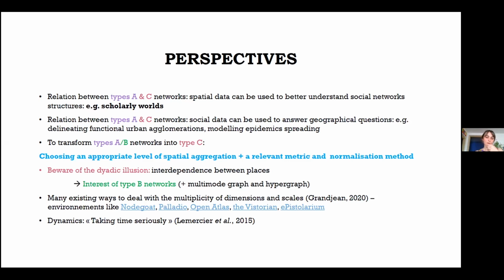Also, what I want to insist on is the interest of working with many dimensions and scales. Looking at the geographical space, speaking about the geographical dimension, but we could also consider time, as proposed by Claire Lemercier.